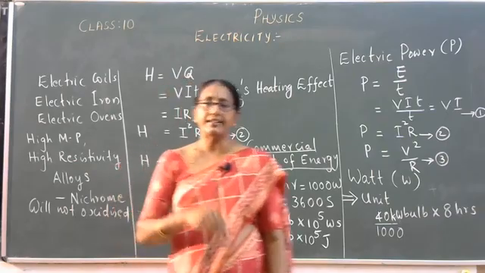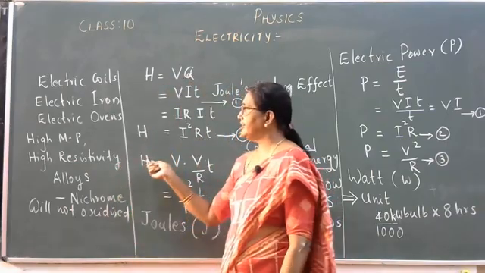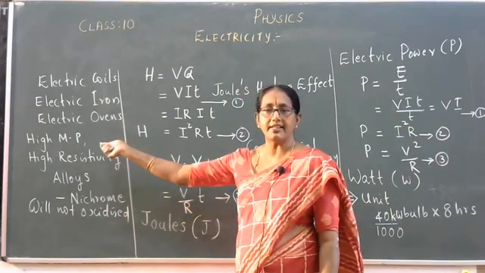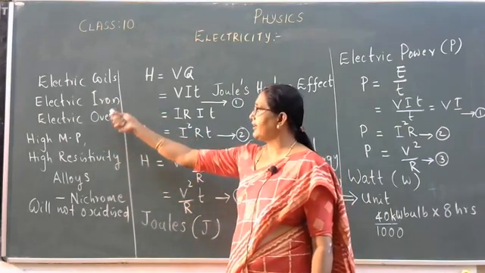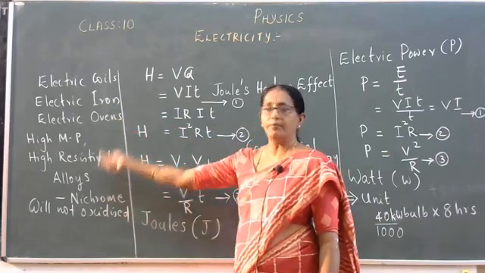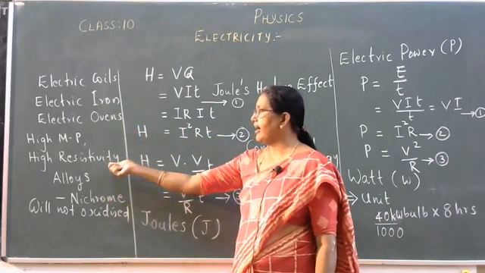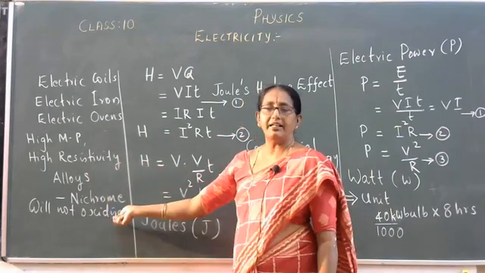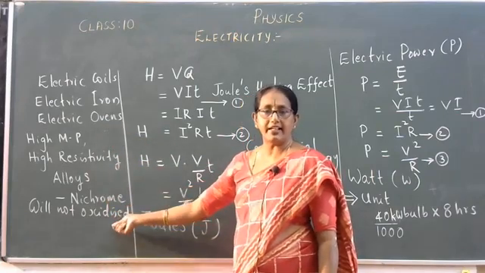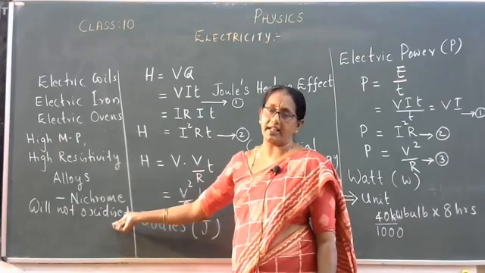So for electrical energy converting into heat energy, we can have heating devices such as electric coils, electric iron, electric ovens, etc. The speciality is that they should have high resistivity, high melting point, and we can select materials such as alloys because they will not get oxidized.